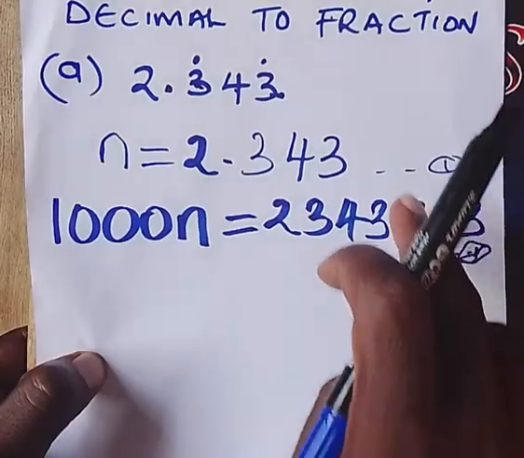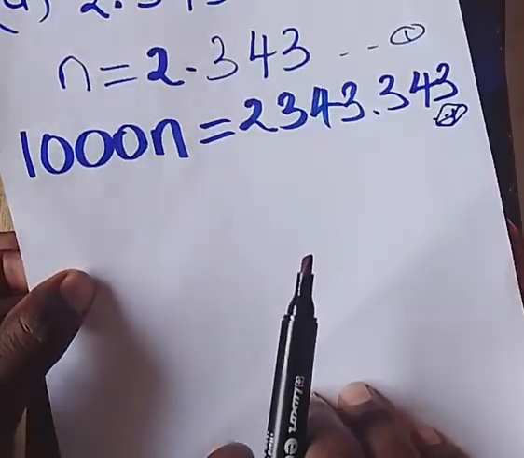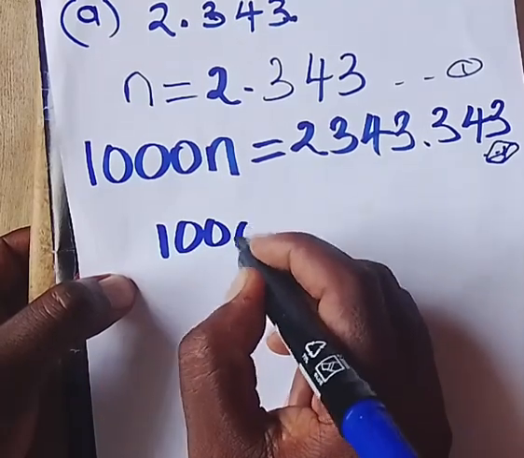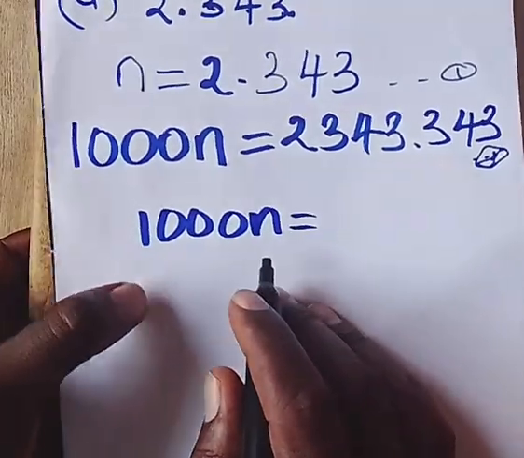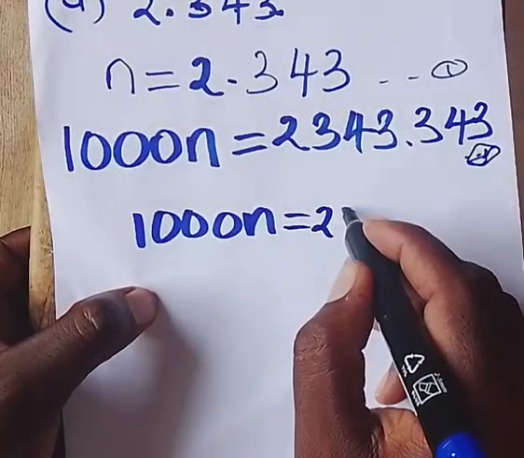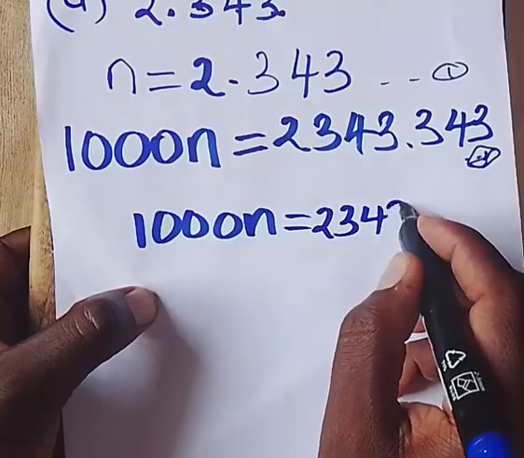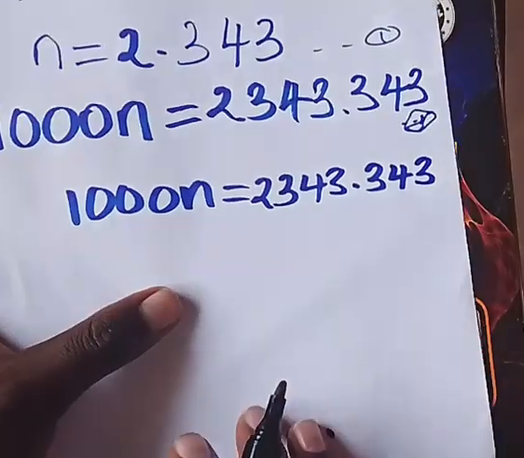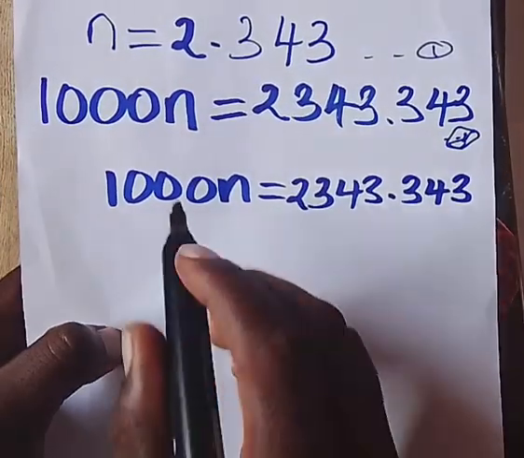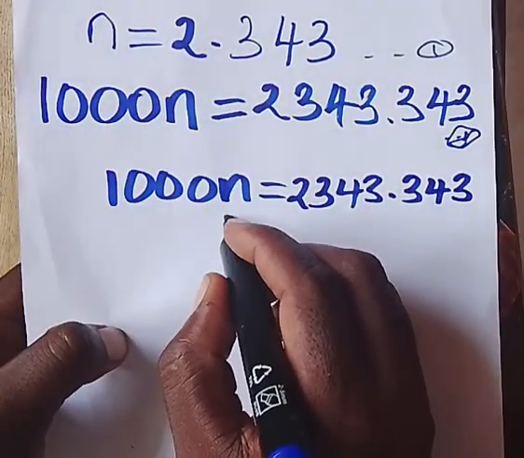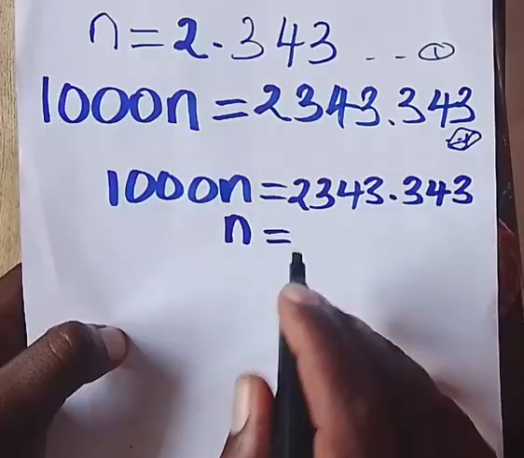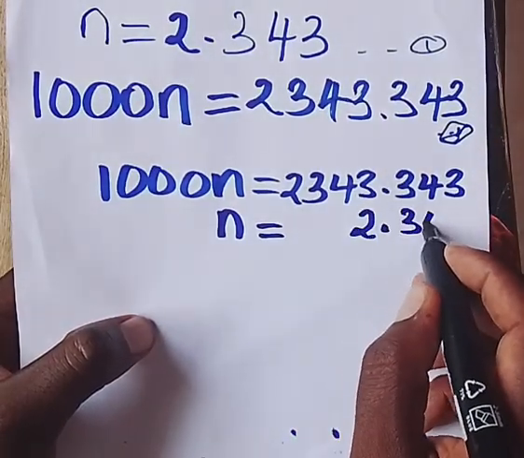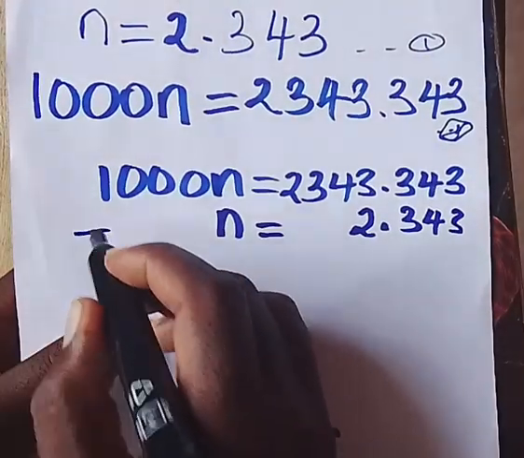Now we subtract 2 from 1 and we shall have 1,000 n is equal to 2343.343. And the first one, which was n, equals 2.343.